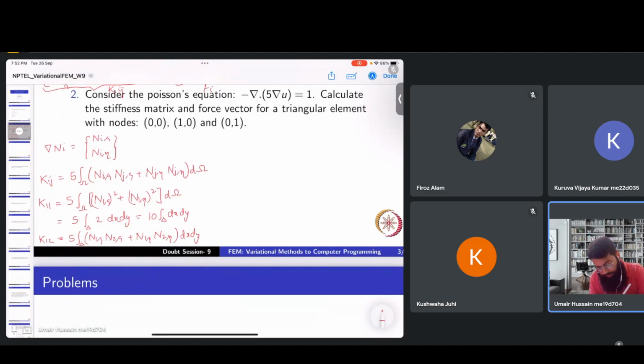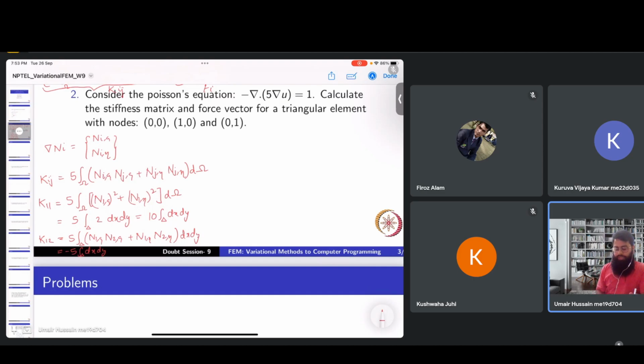All we are left with is minus 1 times the integral over the triangle of dx dy.